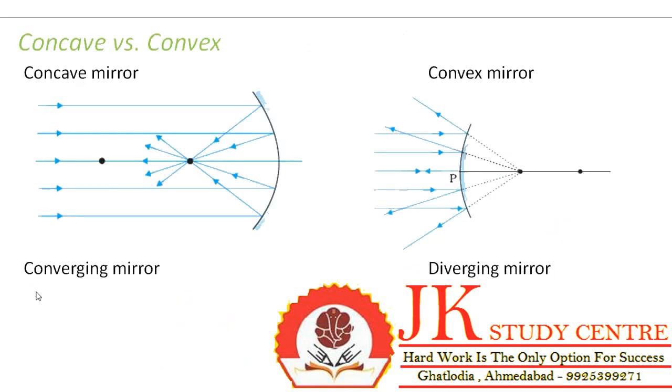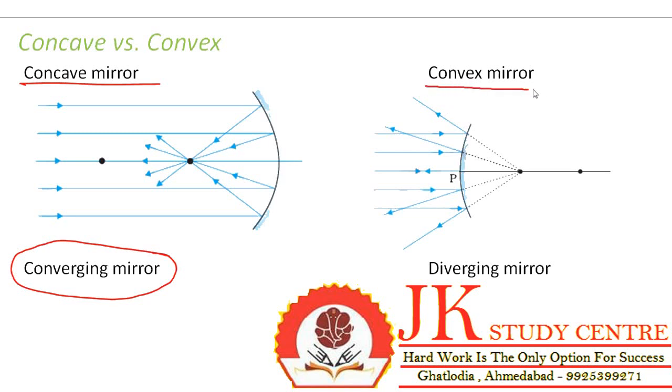Now let us see another important thing. In the case of a concave mirror, what happens? The incident rays have a tendency that after reflection, they will converge at a point. That is why a concave mirror is also known as the converging mirror, because it has a tendency to converge the rays after reflection.